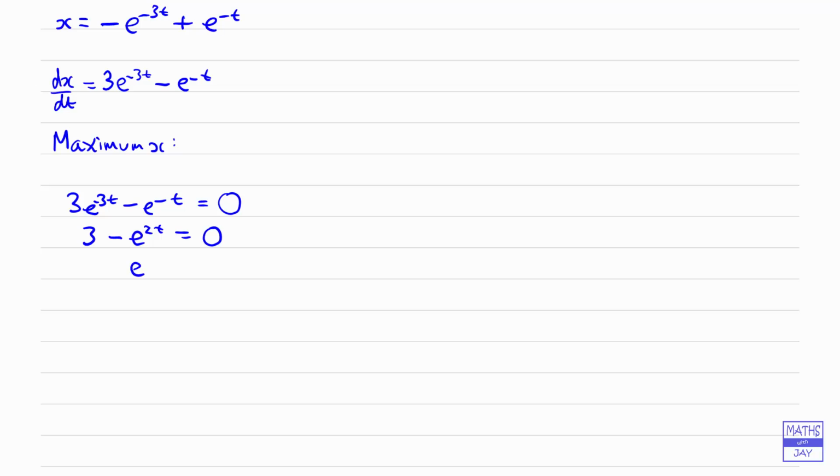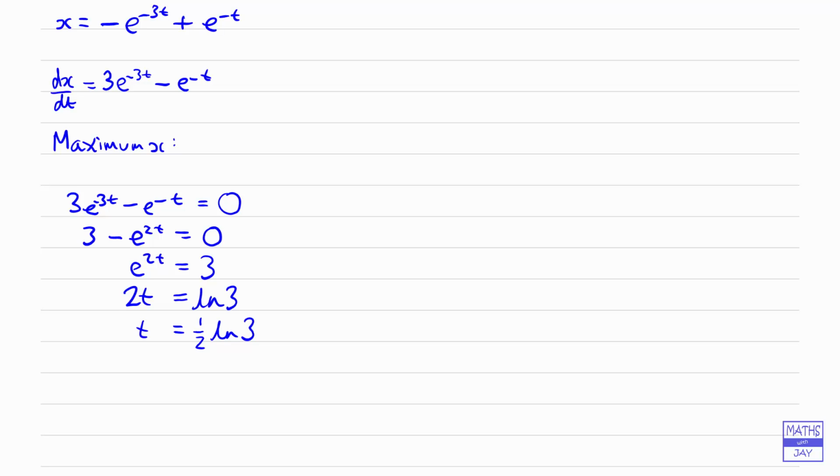And that will give us that e to the 2t is 3. So 2t is log 3. So that's the natural log of 3. And then t is going to be a half log 3, so halving both sides.